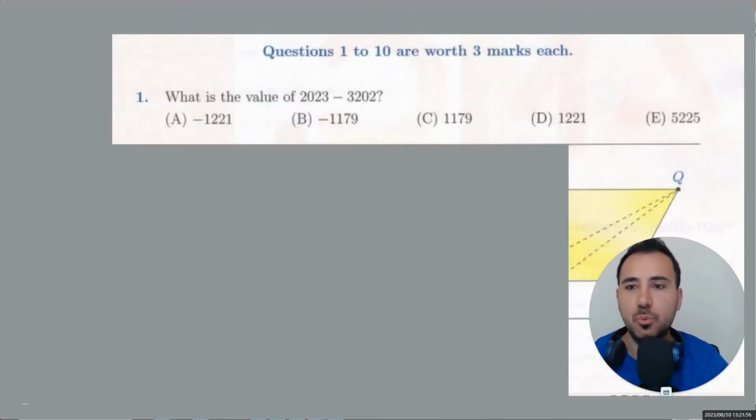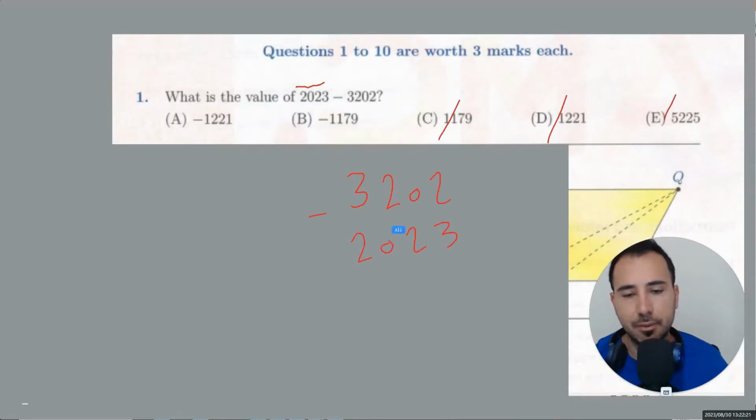Let's do question 1. What is the value of this number minus this number? As you see, the first number is smaller than this one, so the result has to be negative. These options will be out. What we're going to do is first subtract the smaller number from the big number, and then whatever the result is, we'll give it a minus sign.